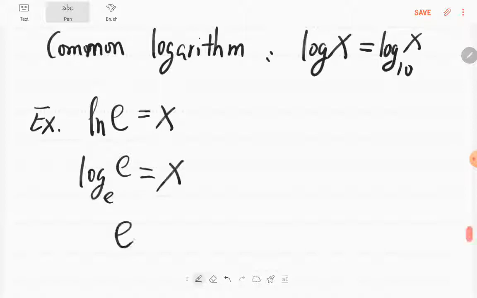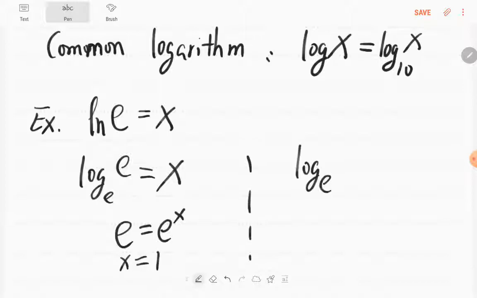That means e equals e to the x, so x must be 1. There's no other choice. The other way is we use the property log to the base e of e, where if these two numbers are the same, it's equal to 1. That is property 2. So x equals 1.